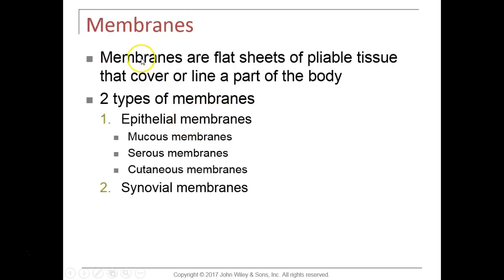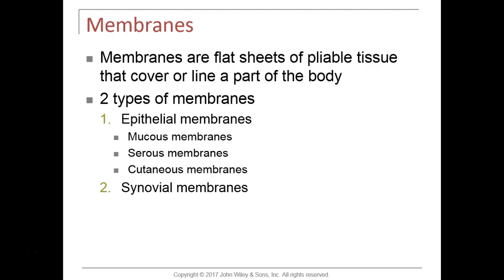And we're going to get into, at the end of the chapter, the membranes in the body. So, we have different types of membranes in the body that cover or line the different parts of the body. And the membranes can be classified in two specific ways.